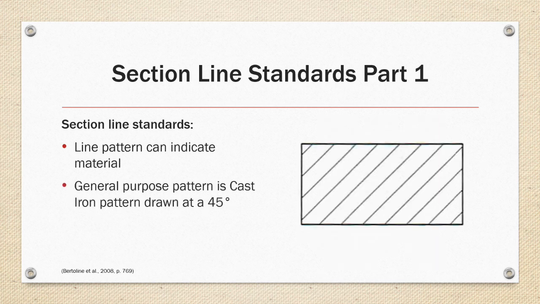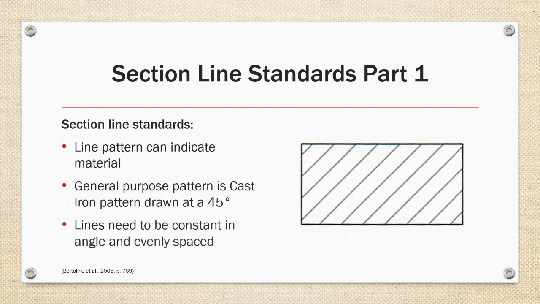If the designer does not wish to indicate specific material with the section lines, the pattern for cast iron is generally used with the lines drawn at a 45-degree angle. The lines need to be consistent in line weight, angle, and evenly spaced.